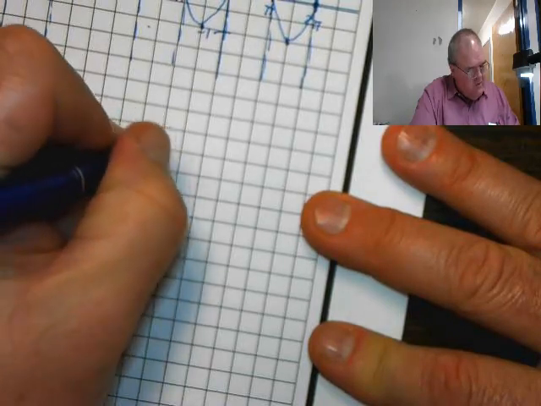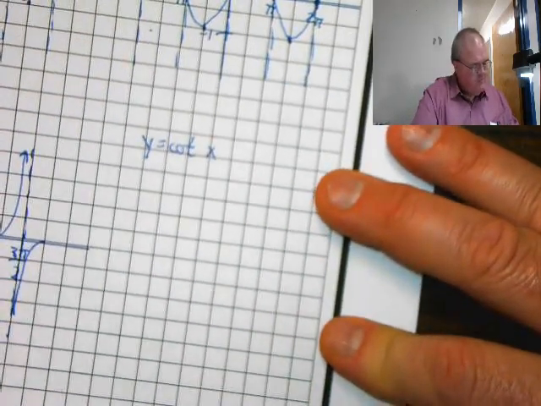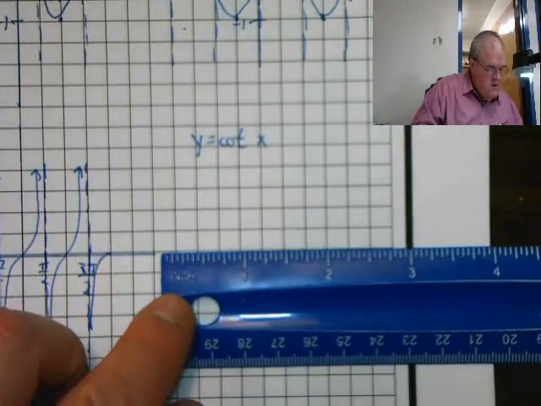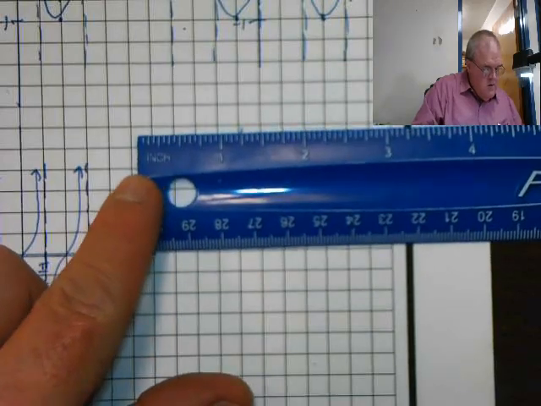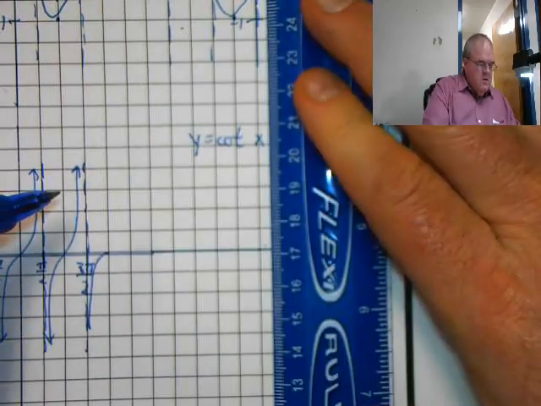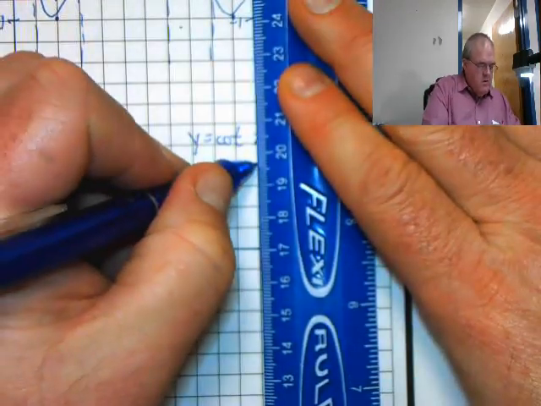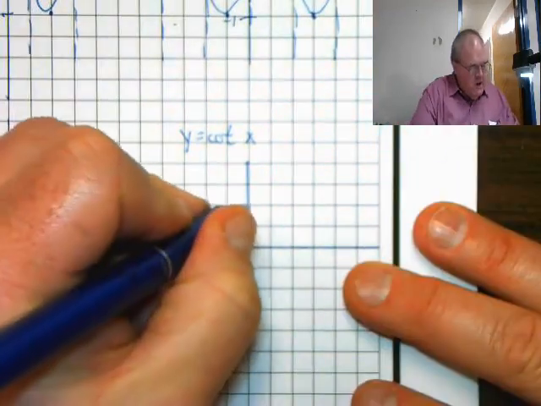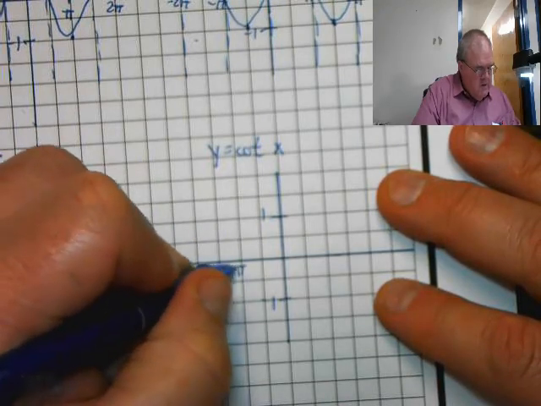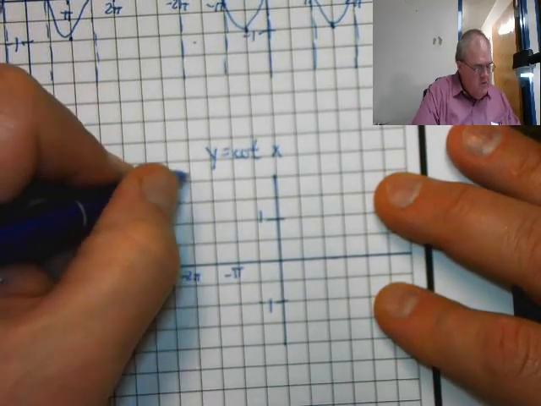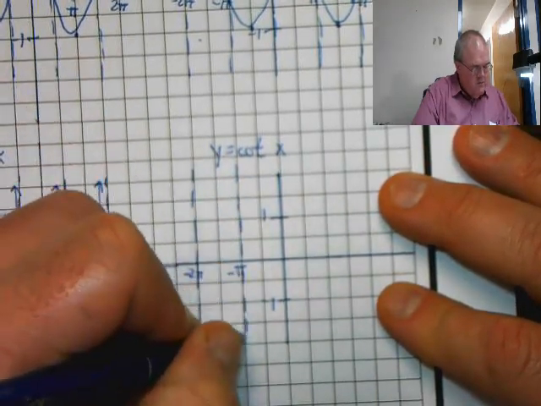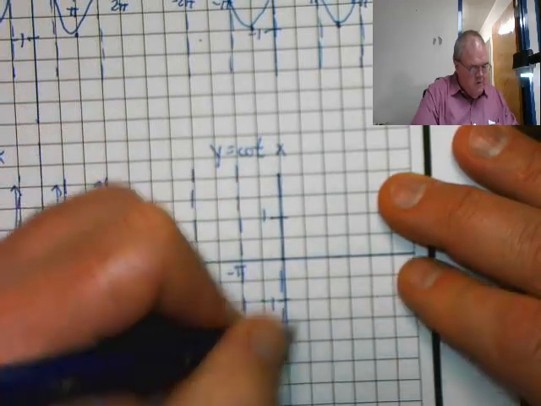So if I do y equals cotangent of x, I'm going to draw my graph. And I'm going to have 1, negative 1. And then at negative pi, negative 2 pi, I'm going to draw my asymptotes. And asymptotes are dashed.